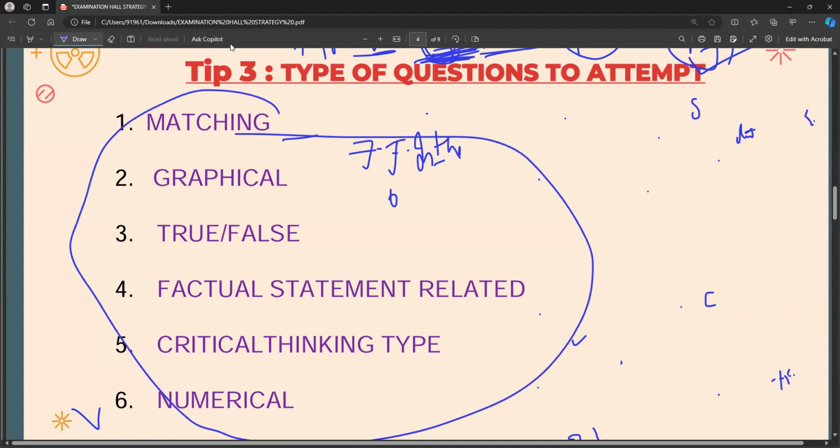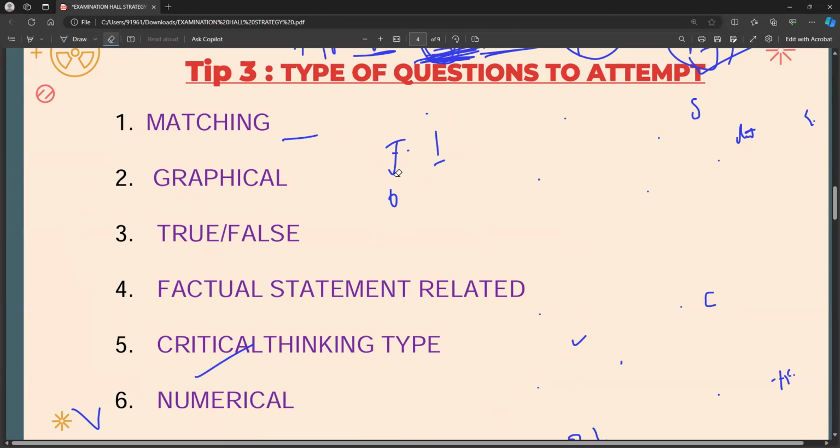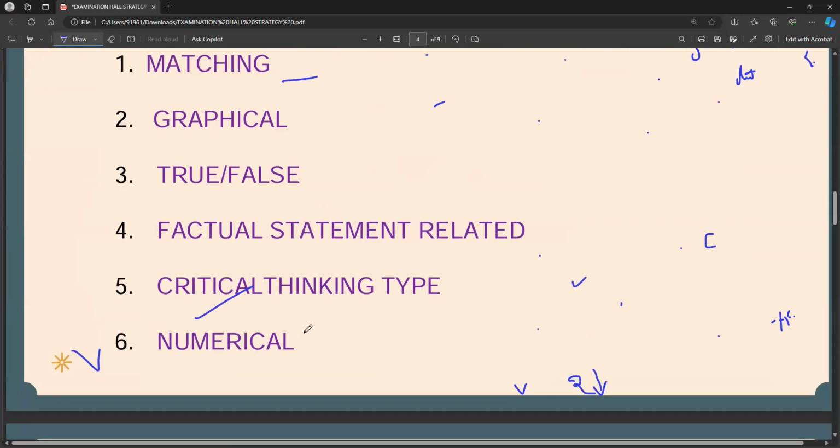Now, we really don't know in which chapter what kind of questions are coming. That is also very important. And here itself, 90% of the students will get an idea of what kind of questions they should not answer in the exam. Some students feel very confused and anxious with numerical questions.